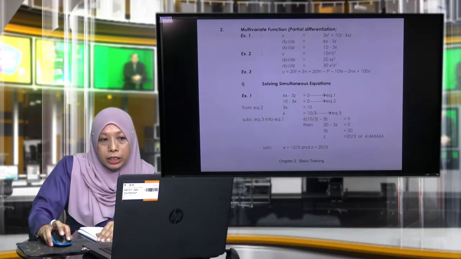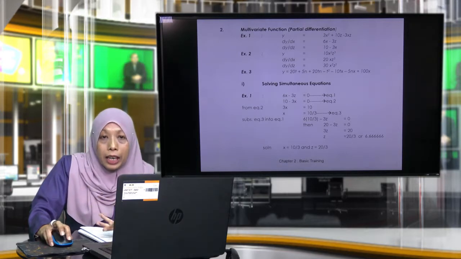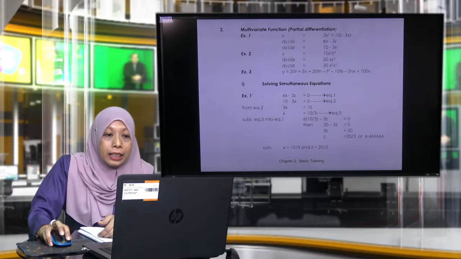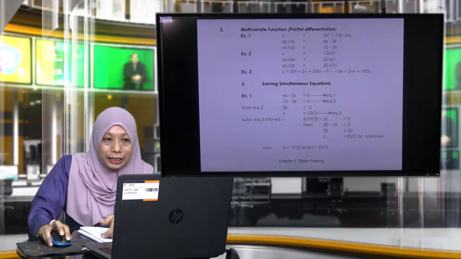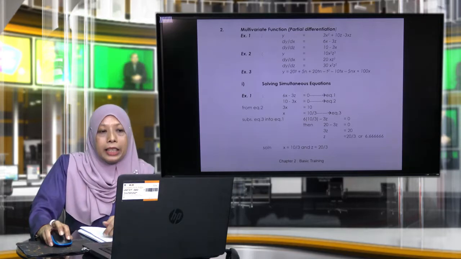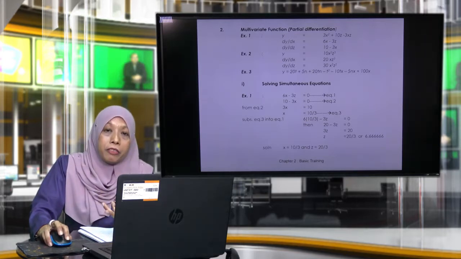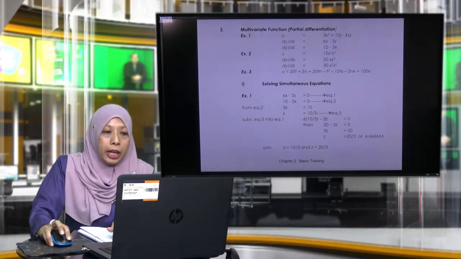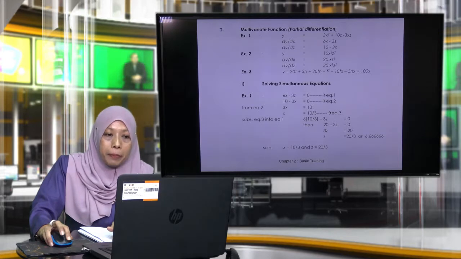So if this is the original function, since I want to differentiate with respect to x, the other variable, in this case z, so we have 10z here, you have to assume it as a constant. Another thing is that this function involves sums and differences, and you are still going to use the rules of differentiation that we have already looked at just now. So let's start with the first subfunction. You have 3x squared, and remember you want to differentiate this with respect to x.